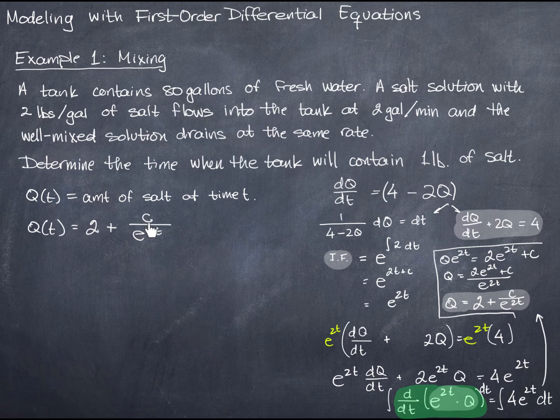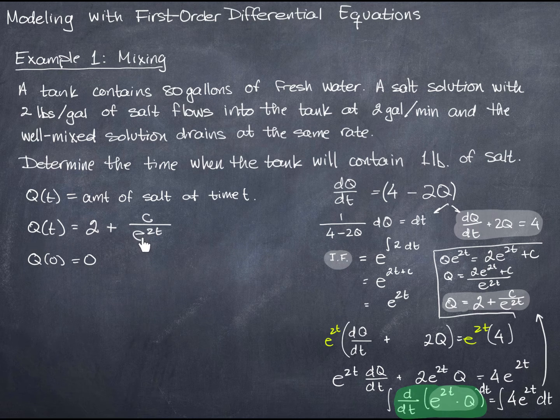But I can only do that if I know what c is, and I can use the fact that the tank contained 80 gallons of water at the very beginning, and it was fresh water, so there was no salt in it. So I have this other piece of information: Q of 0 equals 0. There is no salt at time 0.